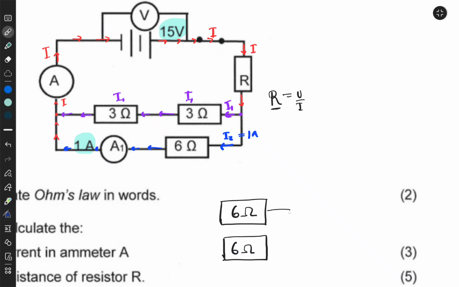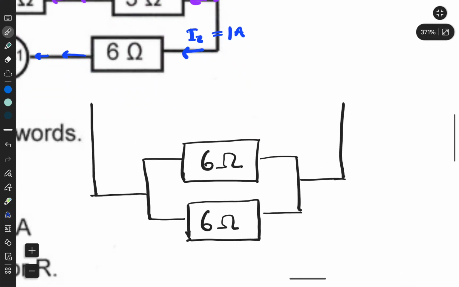The circuit is actually like this for the parallel combination, and then it continues. This branch is receiving I2, which is 1 amp.